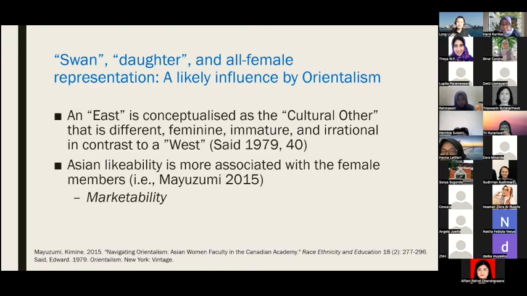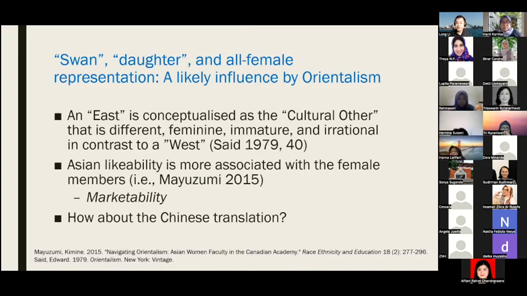So perhaps these strong feminine and romantic representations on the cover are part of a marketability strategy to promote the book by relying on the likability of Asian females. And perhaps that's the reason that important male characters have been hidden from the front covers.